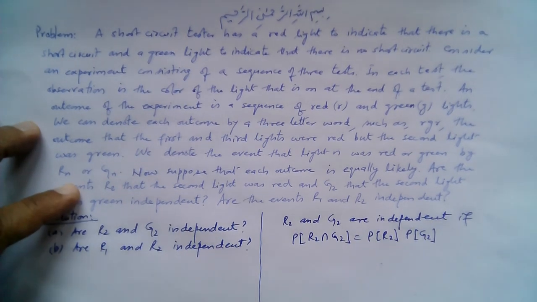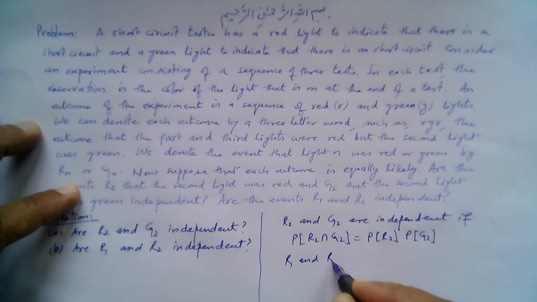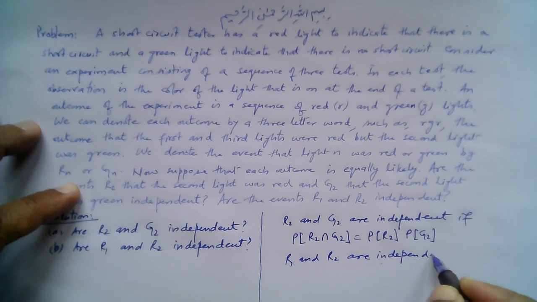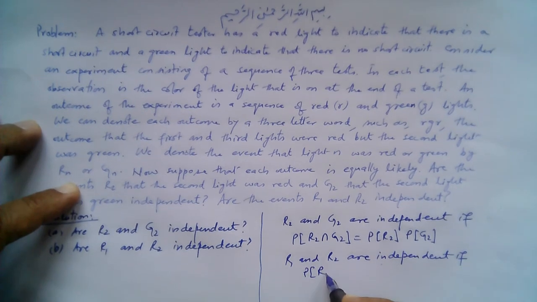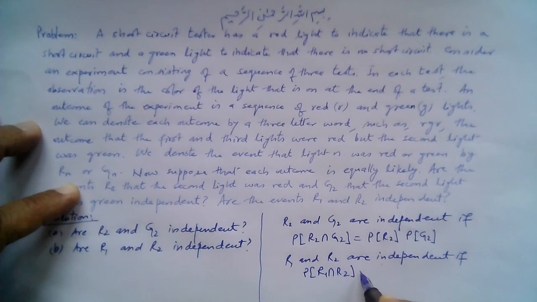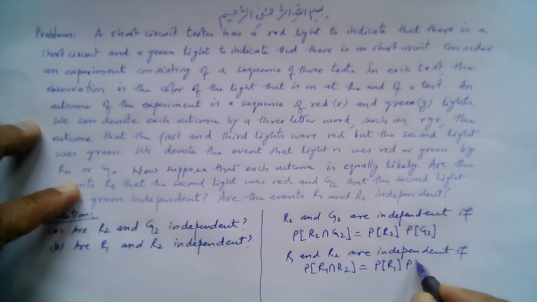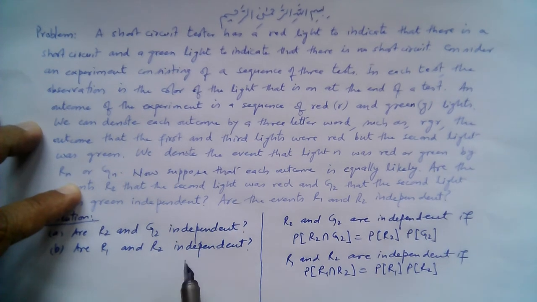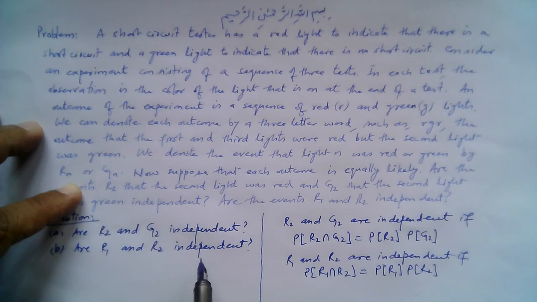Similarly, R1 and R2 are independent if the probability of R1 intersection R2 is equal to the probability of R1 multiplied by the probability of R2. So R2 and G2 are independent if the first holds, and R1 and R2 are independent if the second holds.